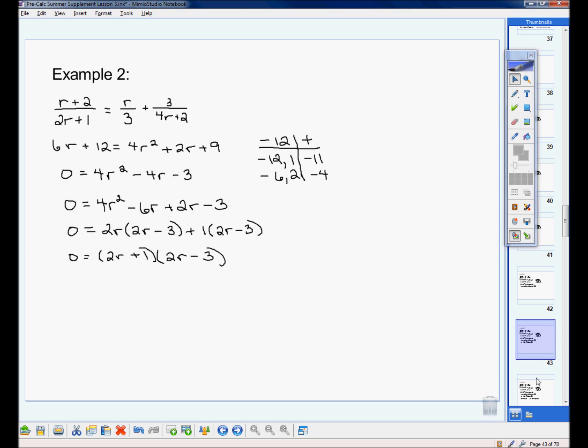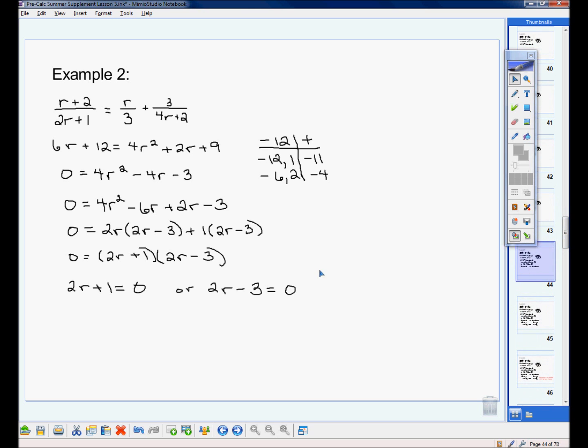Now you have two things ready to set equal to 0. There and there. Remember, zero product property says that you have two things multiplied together, one or the other has to be equal to 0. Then the simple steps, solve them both. Subtract 1, divide by 2, add 3, divide by 2.